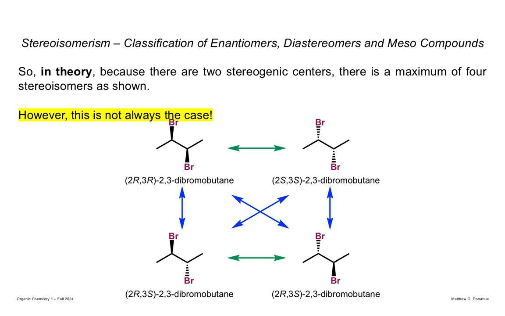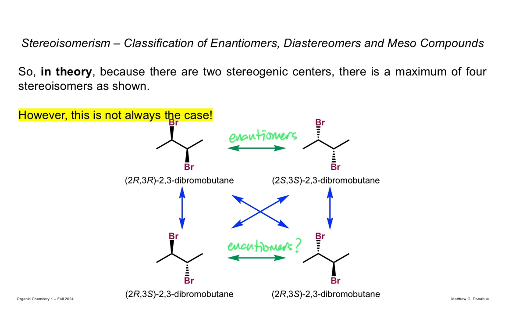So the green arrows indicate enantiomers, and then the question mark on the bottom one, are they really enantiomers? No, they're not. They're identical.